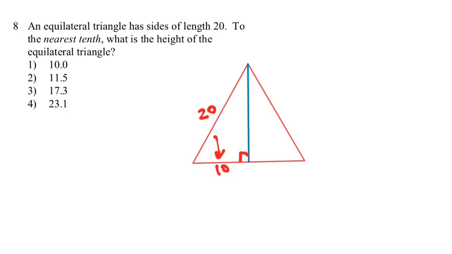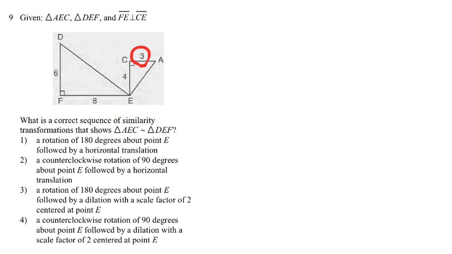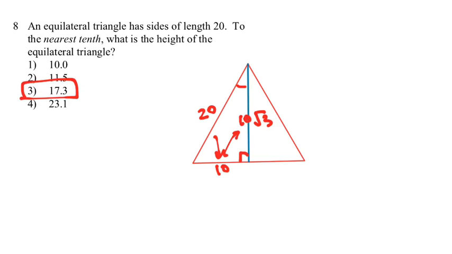Then the side opposite from 30, which is this angle, becomes half of that, which is 10. Then what do you realize about the height? By the ratio of radical 1, radical 3, and 2, we get to realize that the height would have been 10 square root of 3. So 10 square root of 3 is about 17.3. That becomes our answer.